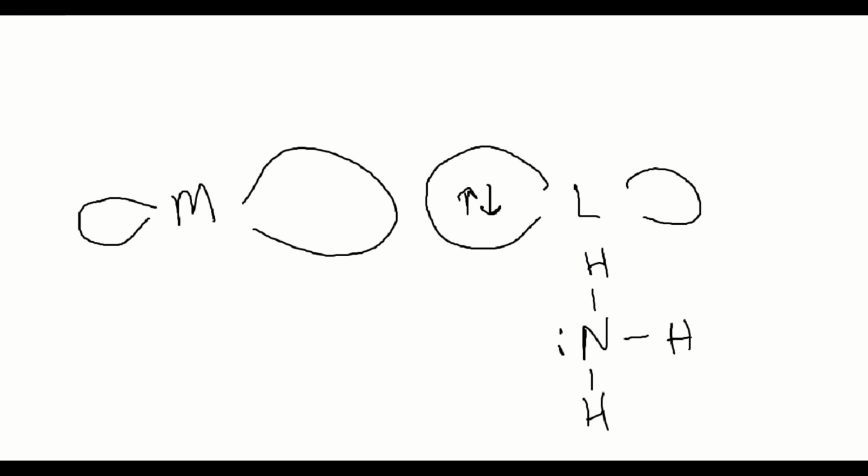So you can imagine this can create a bond by using 2 electrons from one atom, in this case a nitrogen, to bond with that metal ion. And let me give you a real example.